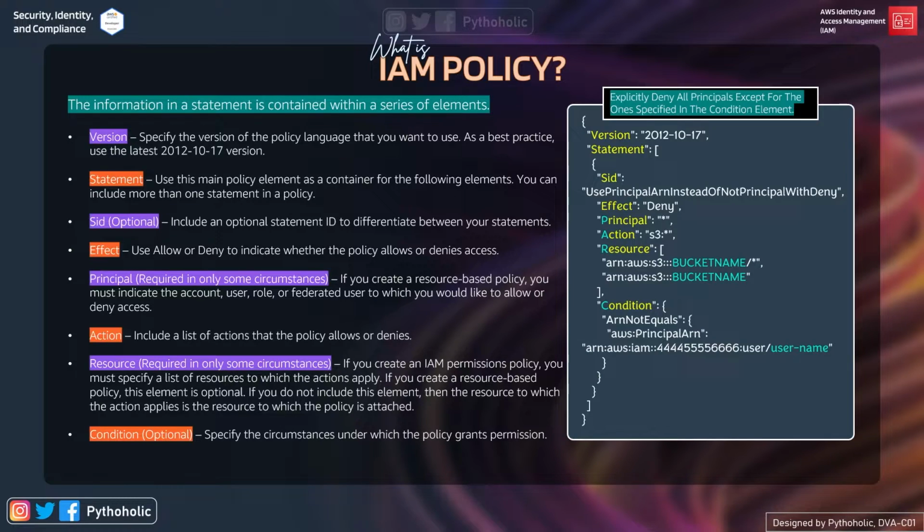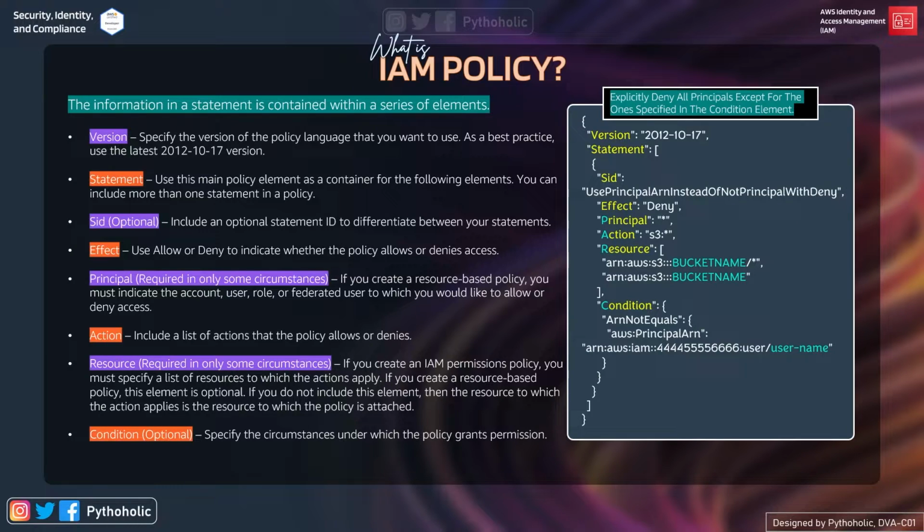Then you must provide the principal of that IAM user or account. Principal is nothing but the Amazon Resource Name, that is ARN, that you already know about. We will discuss that as well, don't worry. So you provide an ARN as the value of the principal.